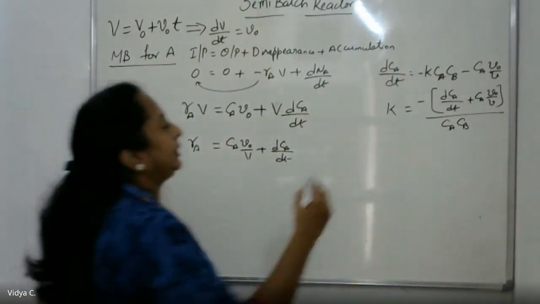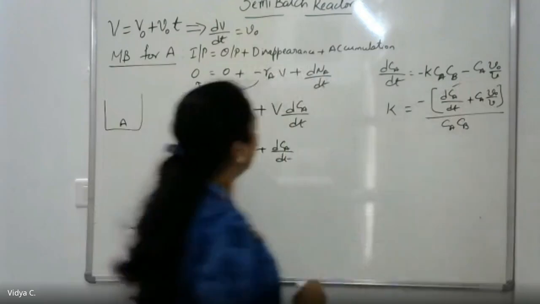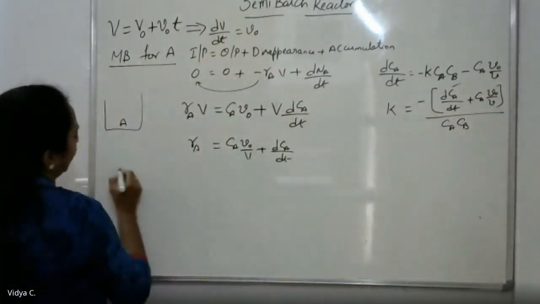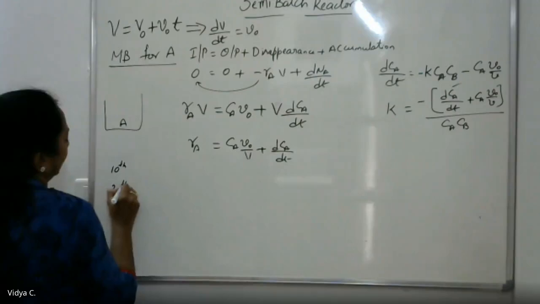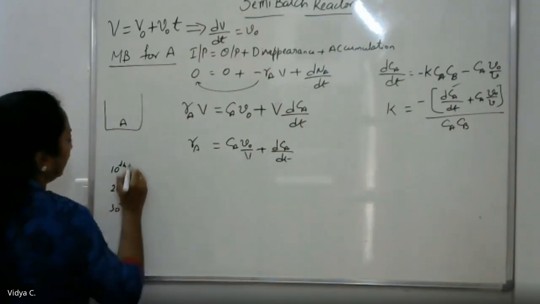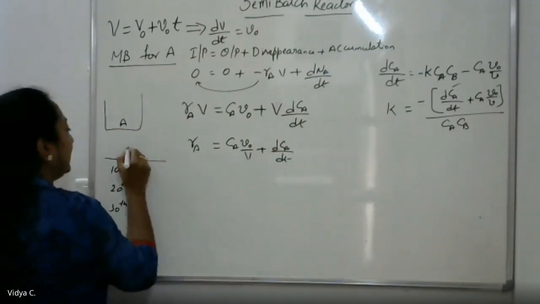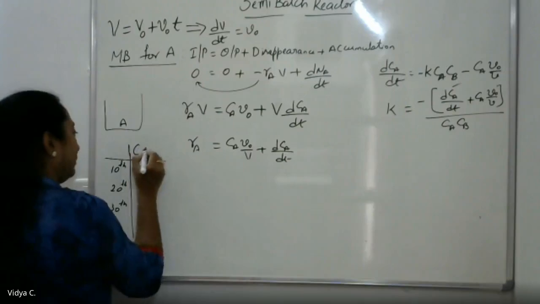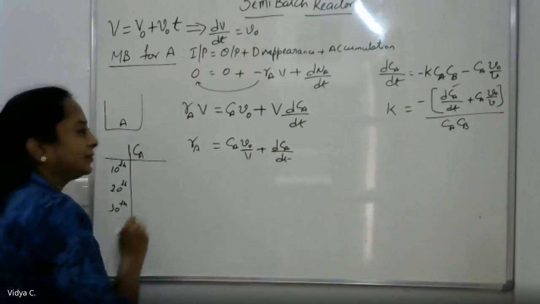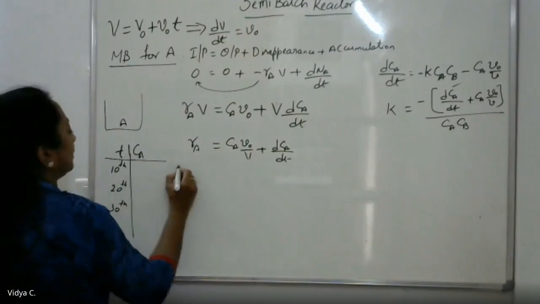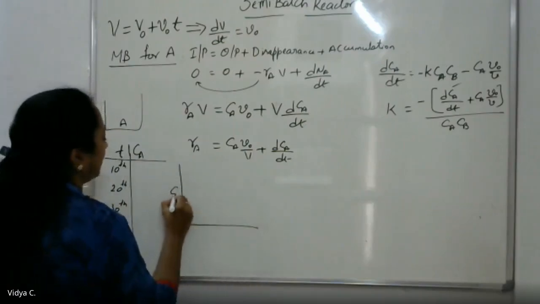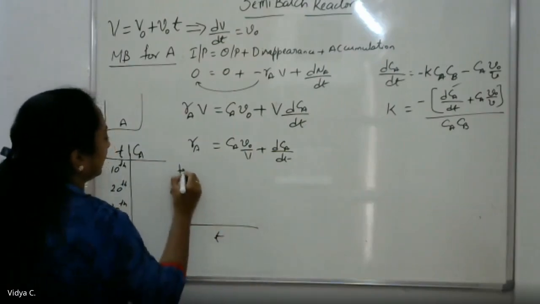Okay. And how do I find this dCA by dt now? See, during the experiment, I said at the end of 10th minute, 20th minute, 30th minute, what did you do? You pipetted out the solution, I mean, you had analyzed the solution to find the value for CA. So what do you have now? CA versus t data. What is happening to concentration?